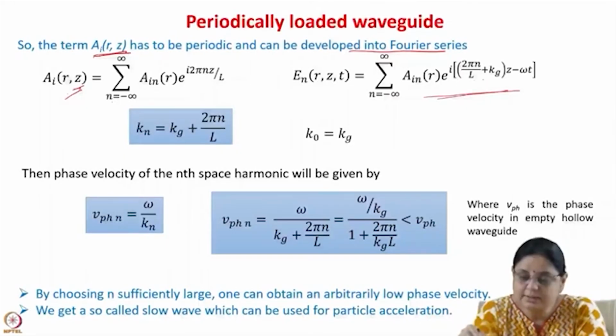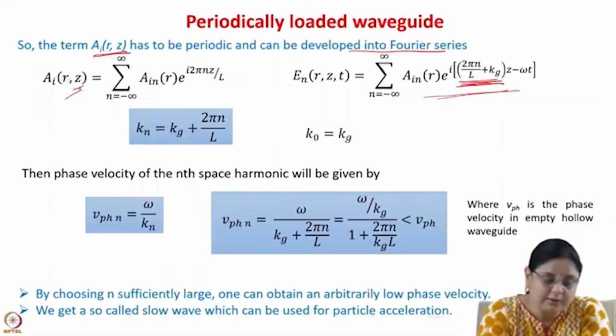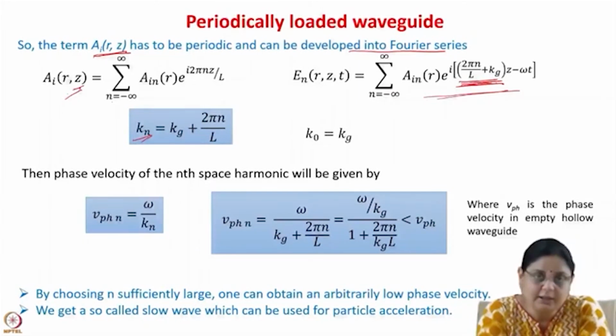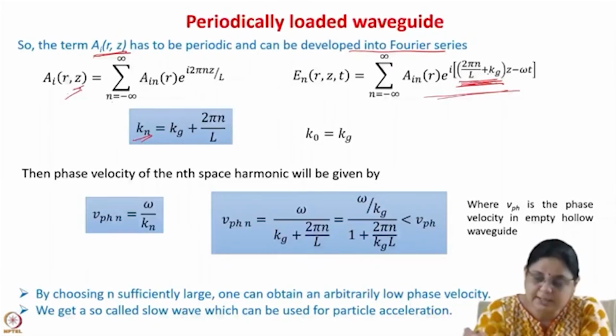The propagation constant for each space harmonic is given by this value. You can write Kn, the propagation constant for the nth space harmonic, as Kg plus 2 pi n by L. For n equal to 0, K0 is equal to Kg.